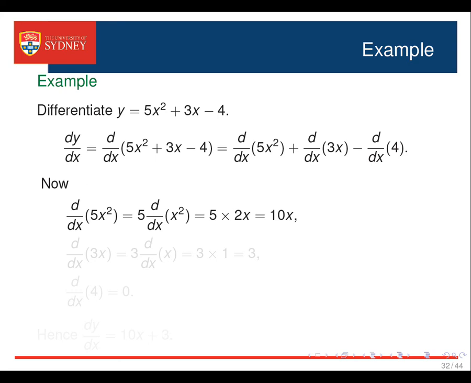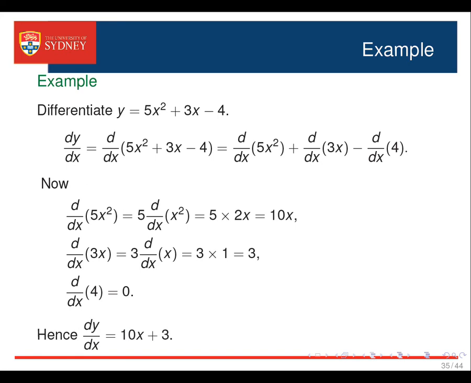That is 10x. Similarly, for 3x, we can take the 3 out, and we know the differentiation of x is equal to 1. So the differentiation of 3x is 3. And 4 is just a constant, so its differentiation is equal to 0. Putting it all together, the derivative of y with respect to x is 10x plus 3.